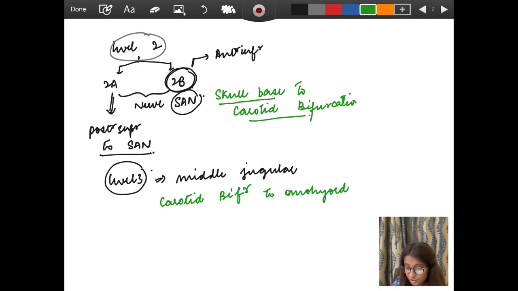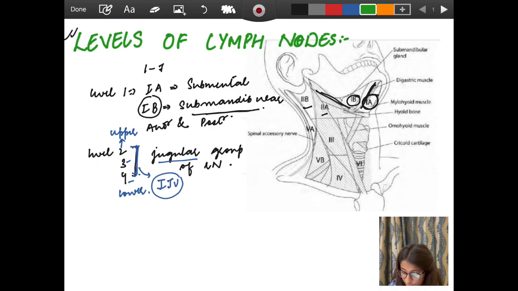This is the second group, upper jugular, and this is the third group, middle jugular, present from the carotid bifurcation to the superior belly of omohyoid muscle.